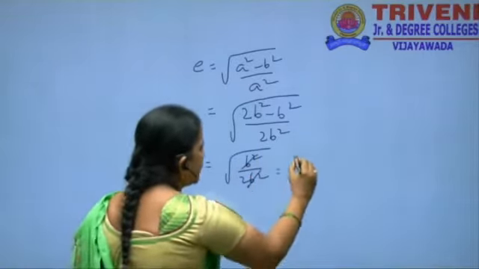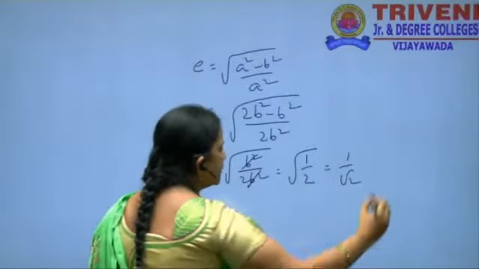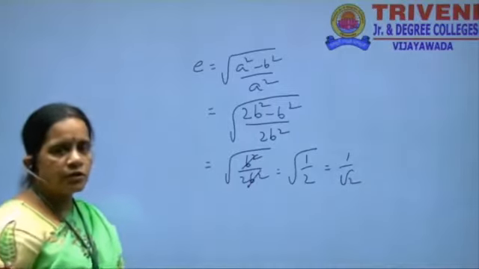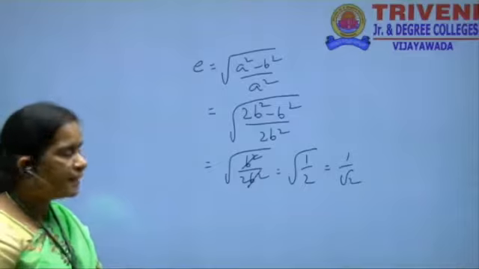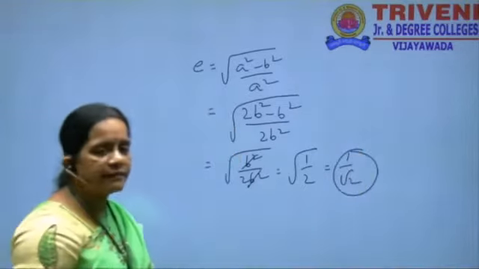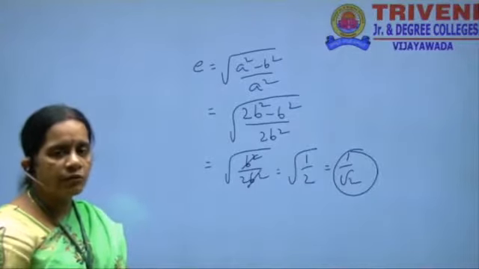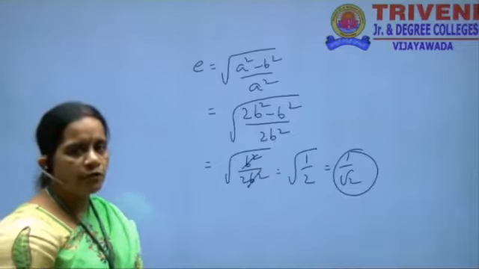Then square root of 1 by 2, that is equal to 1 by root 2. This is the eccentricity when the length of the latus rectum is equal to half of its major axis: 1 by root 2.